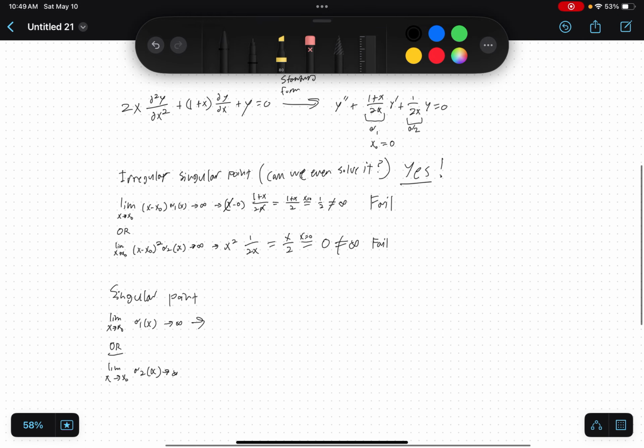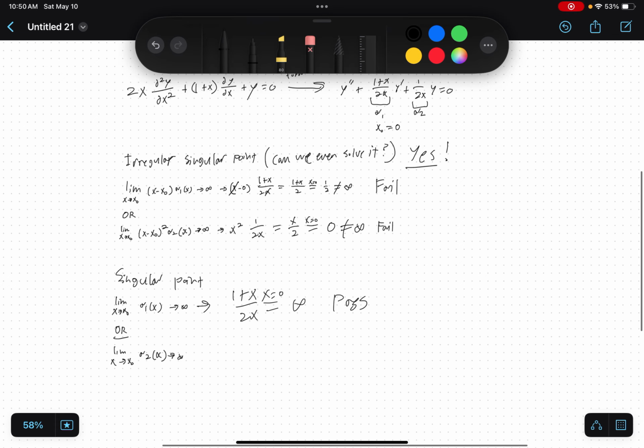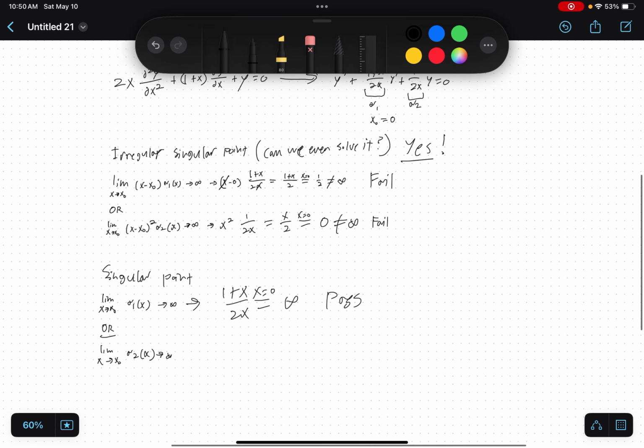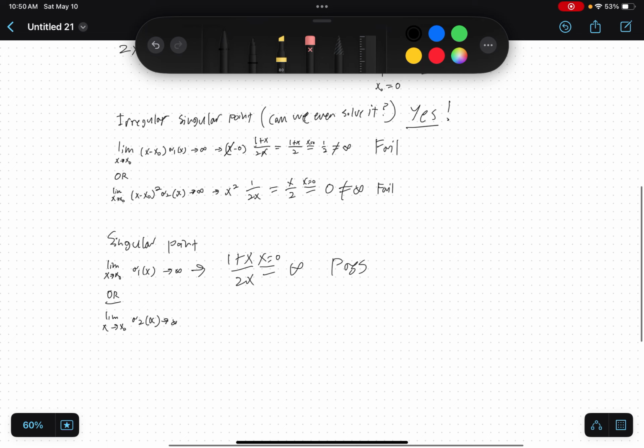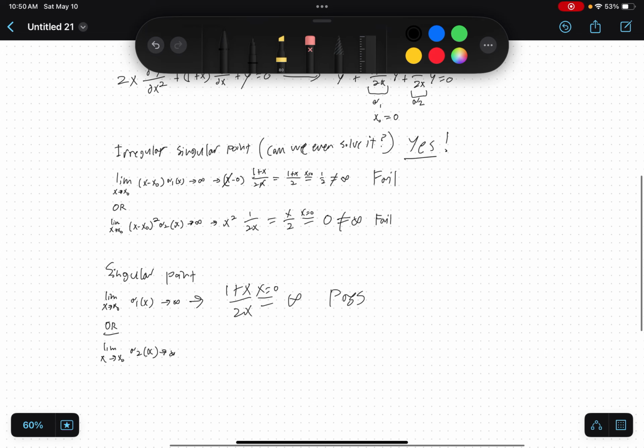So a1 of x, 1 plus x over 2x, plug in 0, and we get infinity. So this is a pass. And same here, because it'll be 1 over 2x, which equals infinity, so pass.